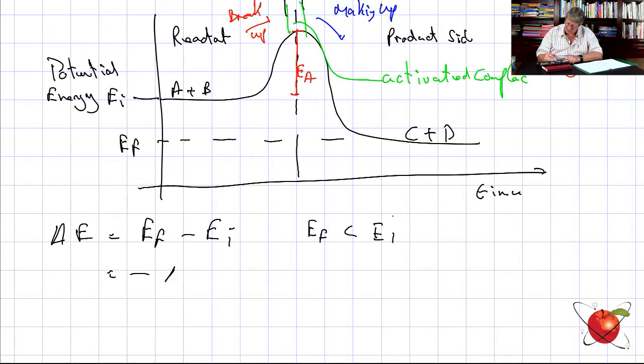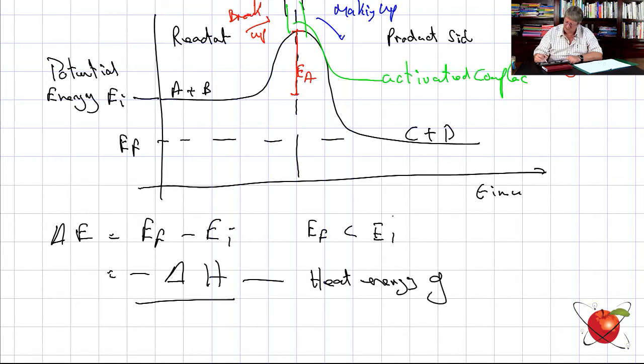So it must be a negative, and we call it delta H. Okay? In other words, it's the heat energy. In this case, given off. All right? It's negative. There's less heat in what's left over than there was in the beginning. Right? So heat has been removed.